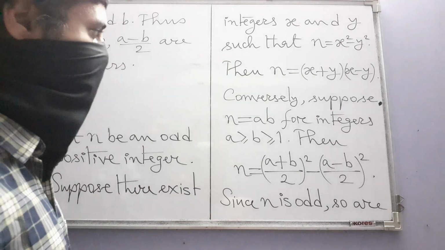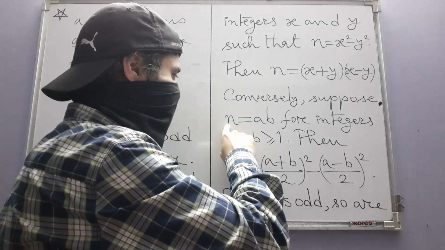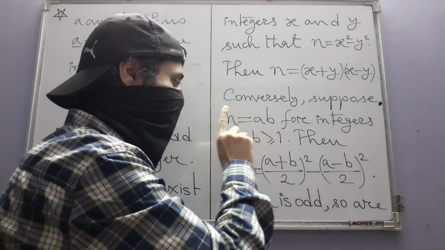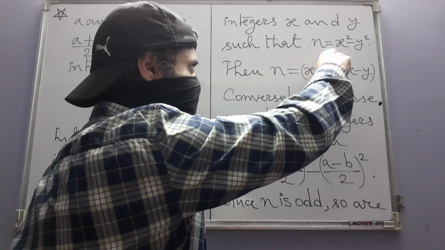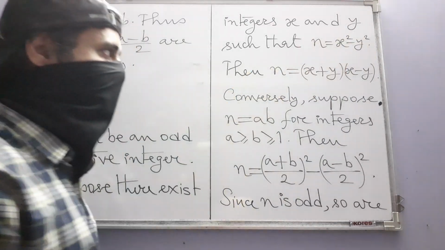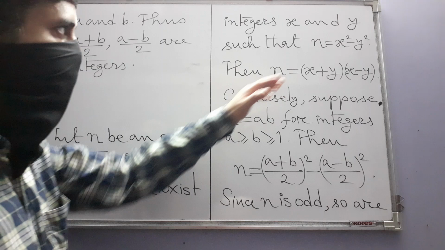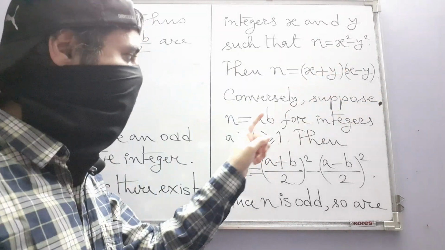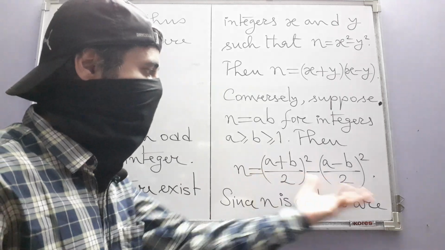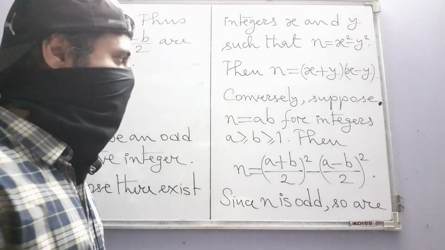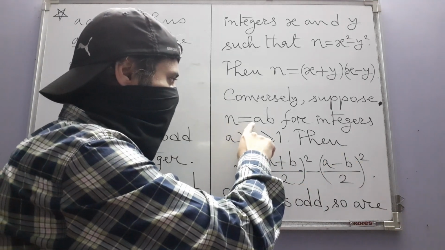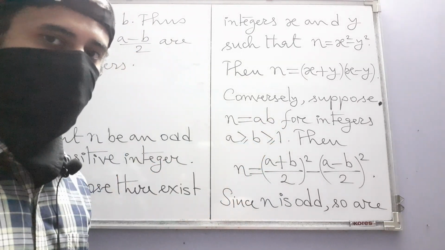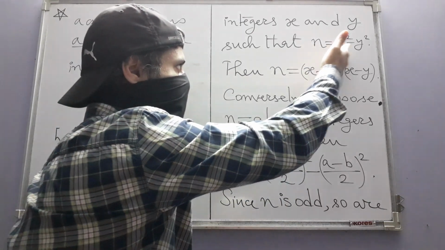This means that being able to write n like this is equivalent to having a solution of this Diophantine equation, is it not? If there is a solution, then n can be written like this. Conversely, if n can be written like this, then there is a solution. So instead of straight away looking for ways of writing n as a times b, we can also look at this.